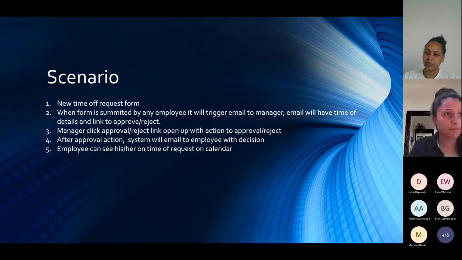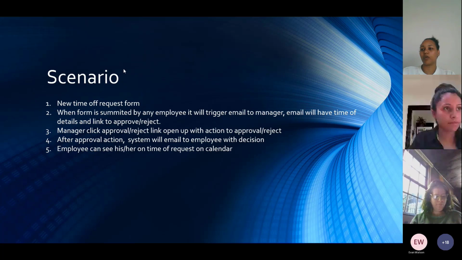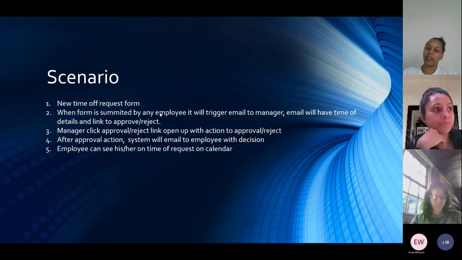So the scenario is a new time off request form. When the form is submitted by any employee, it will trigger an email to the manager. The email will have the time off details and a link.